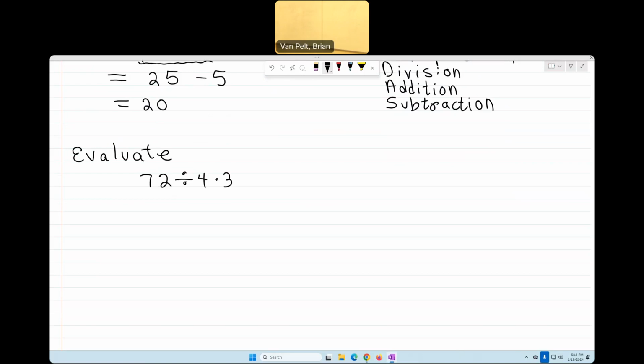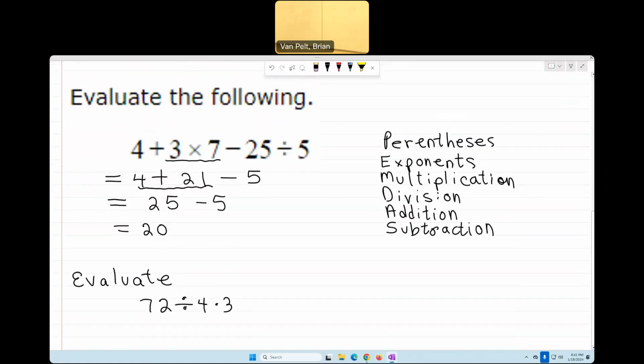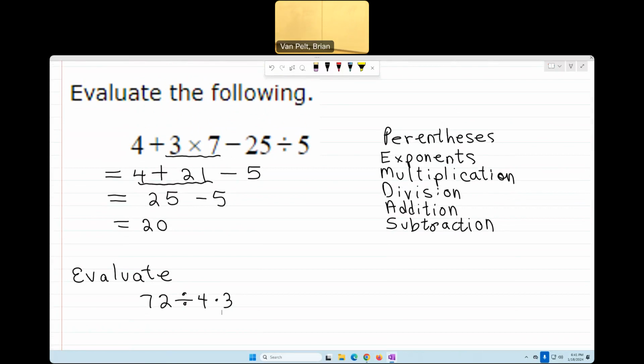So this thing that we have up here comes with a little more information. While parentheses and exponents are truly the 1 and 2, this here is 3. This here is 4.